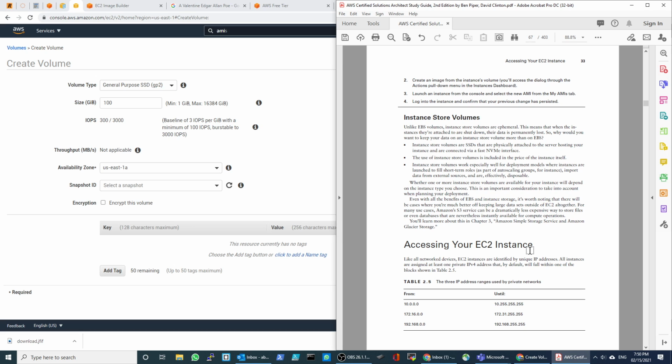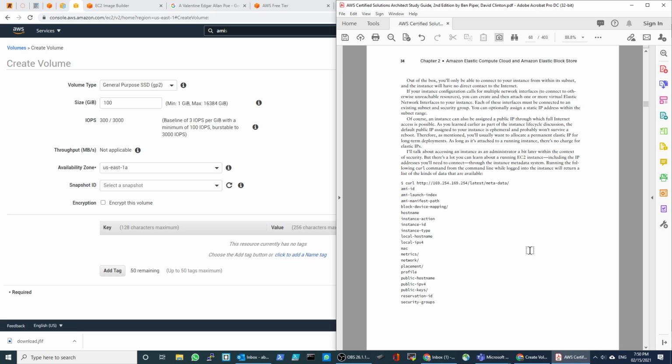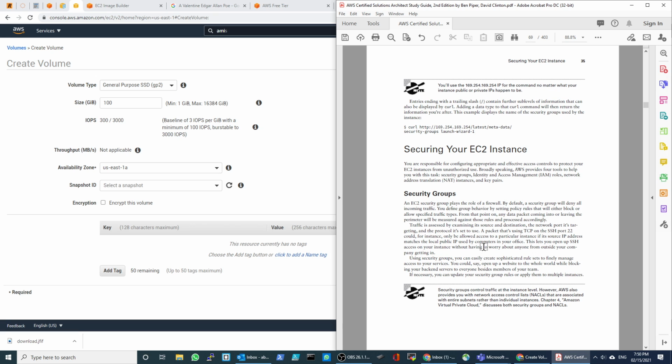We already covered that. Remember, last time we did that in the lab, curl to get the metadata.